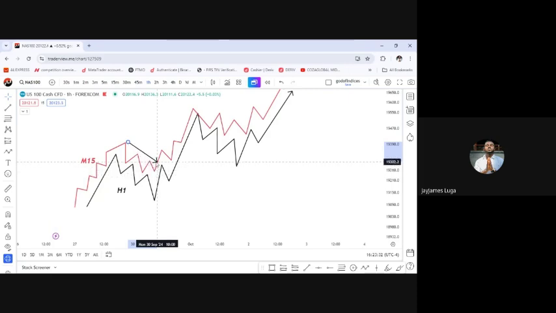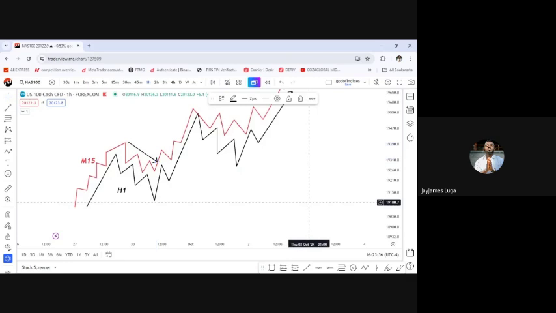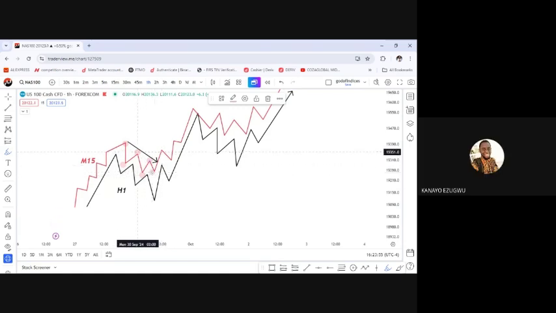So you might be positioning yourself. Imagine someone comes to the chart and sees that the market also forms lower highs and lower lows on the minor structure. Let's say this is the higher high, this is the lower high, lower low, lower high, lower low. Then you position yourself as a seller here, thinking that price is just going to keep going down.